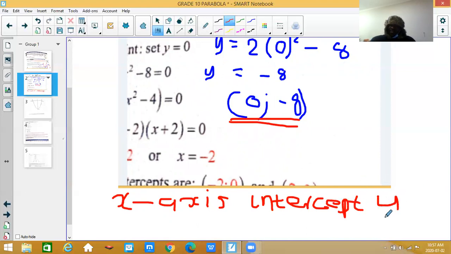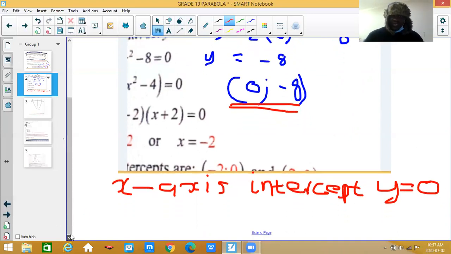On the x-axis intercept, y is going to be 0. This is what we have here, right?